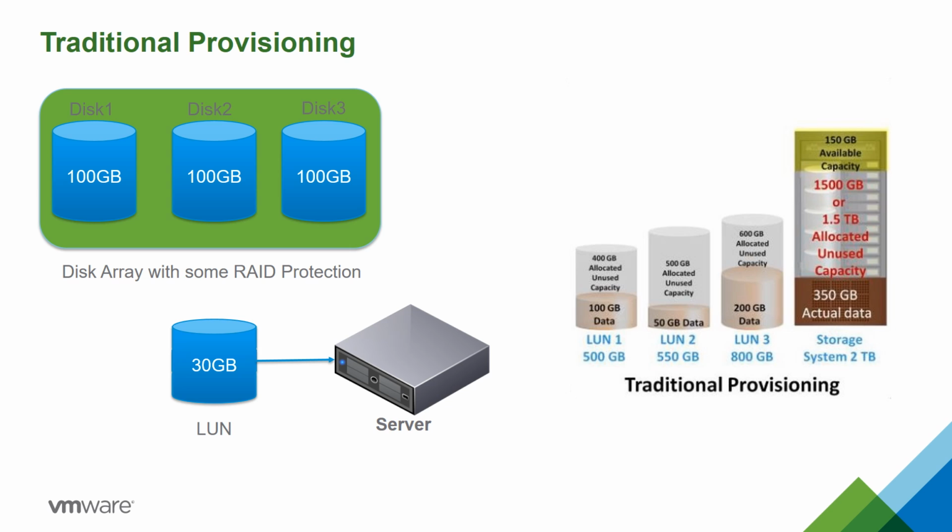Remember, allocated but not being used means it is on the server side. So there is no way I can use that for additional provisioning. So what is available for additional provisioning on the storage side is only 150 GB. That means if one more server needs space, I can only provision 150 GB. There is no way I can provision more than that.